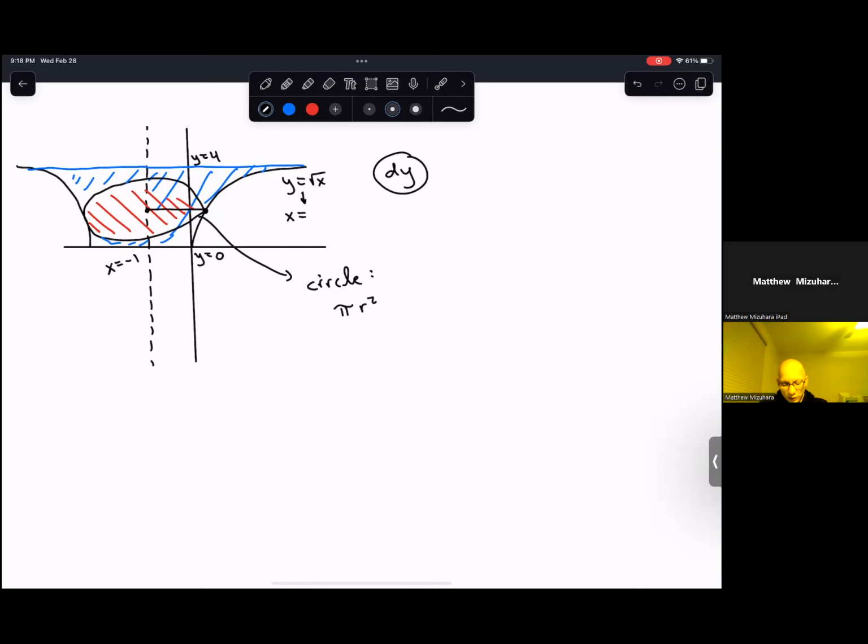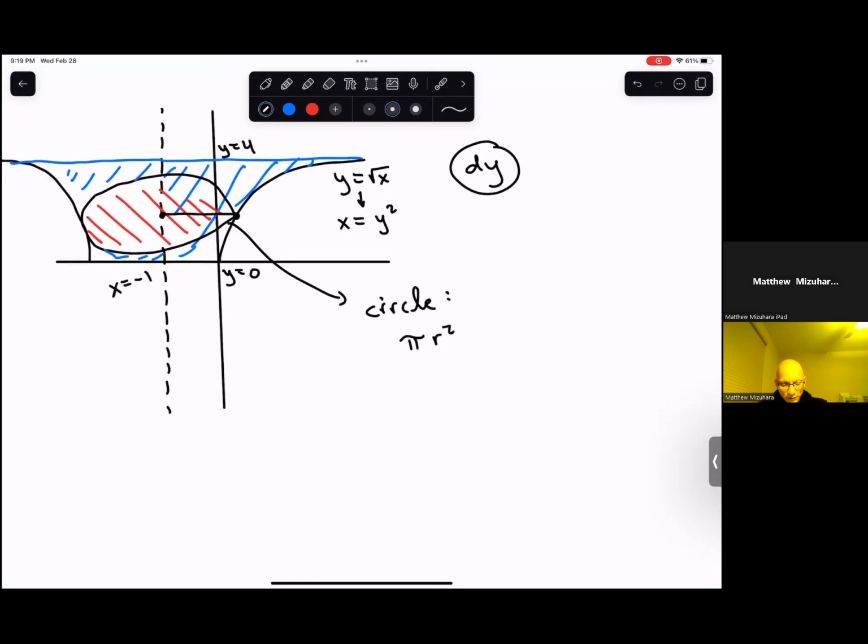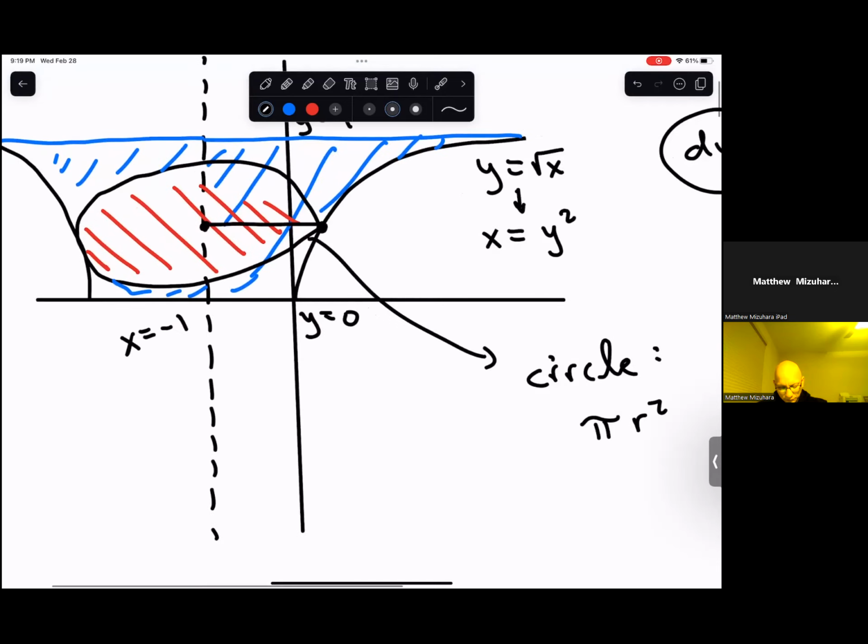Okay. So now what I need to do is really think about what that radius is in terms of this function. I'm going to zoom in a little bit on this. I'm looking at the distance from this first dot, which is on the dotted line, out to the edge of my circle, which is on the line x equals y squared.